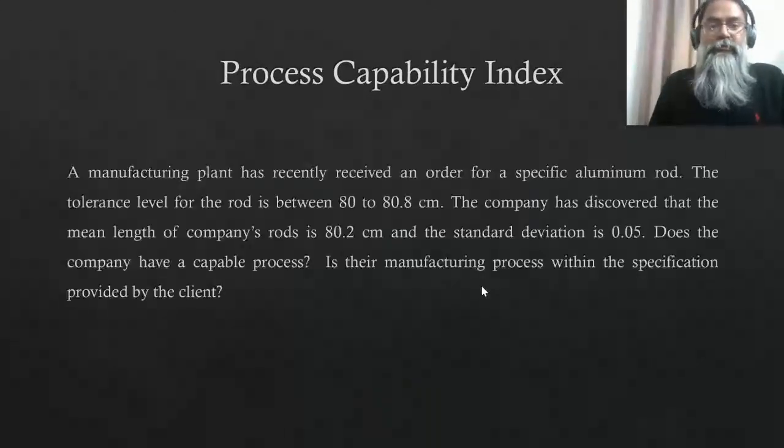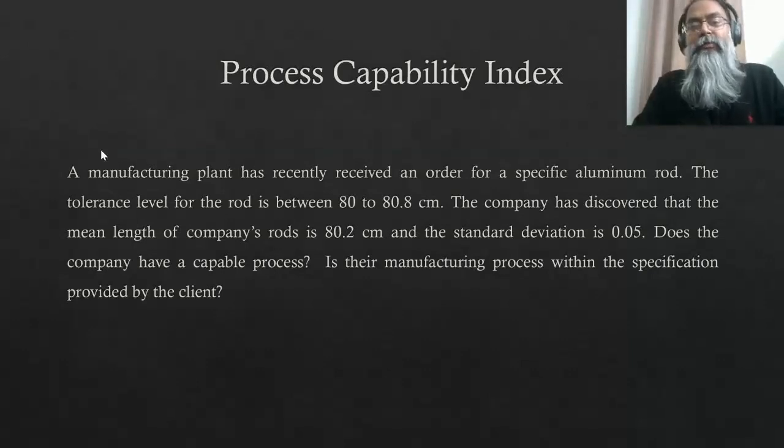Now let's go through the first example here, the only example that we'll cover actually. A manufacturing plant has recently received an order for a specific aluminum rod. The tolerance level for the rod is between 80 to 80.8 centimeter.